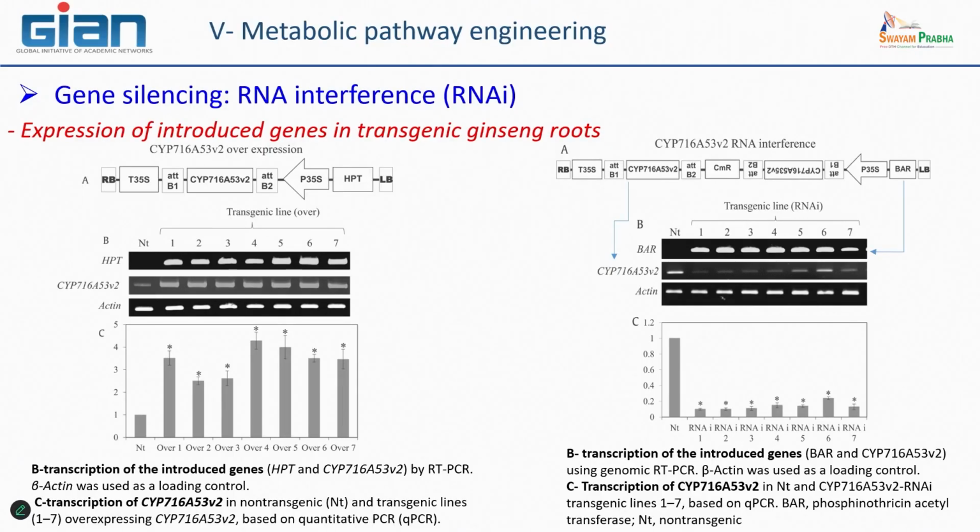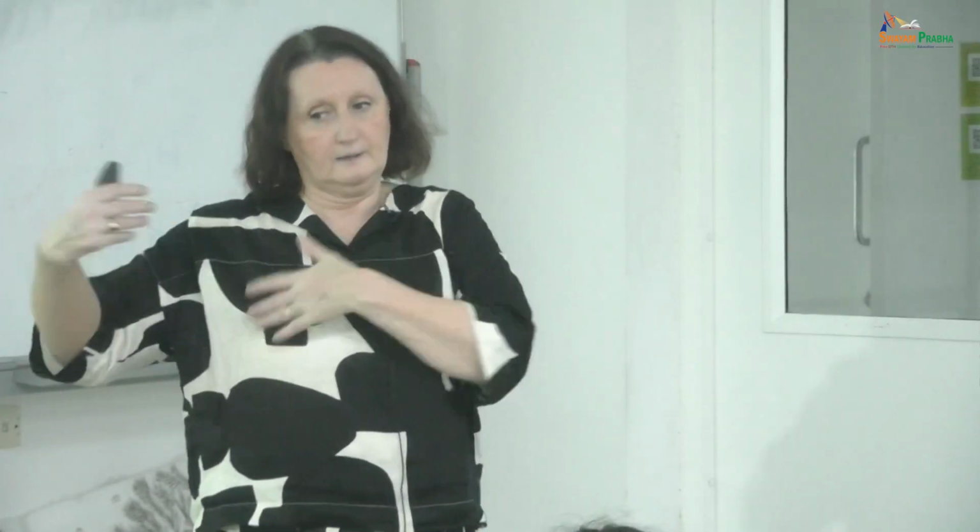Instead of silencing a gene, we can also overexpress the gene. Every time, the two strategies are conducted in parallel in order to see what exactly is the effect of having more activity of one enzyme instead of having less or no activity of this enzyme.